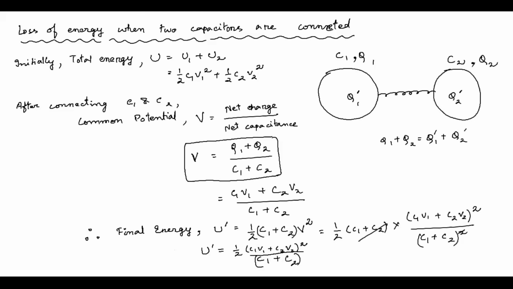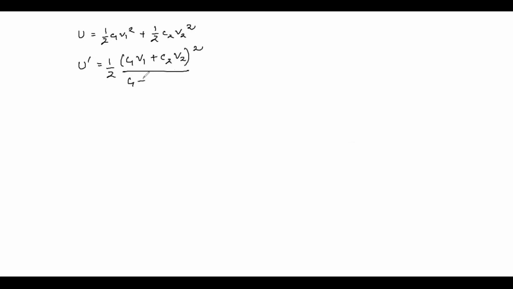So now we are going to find the difference between this initial energy and final energy. Your initial energy U was half C1 V1 square plus half C2 V2 square, and your final energy was half of C1 V1 plus C2 V2 whole square divided by C1 plus C2.